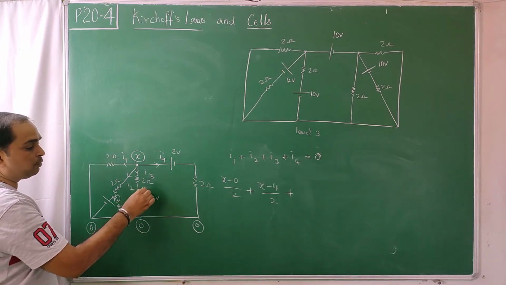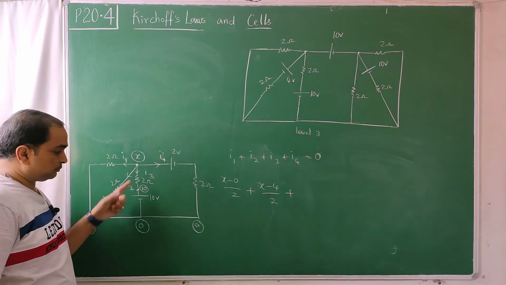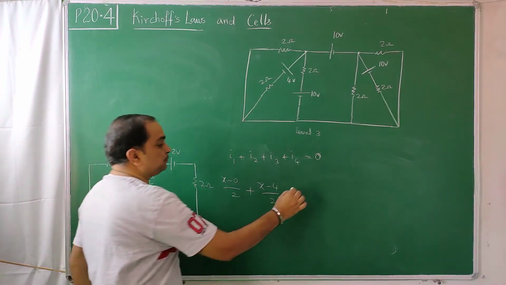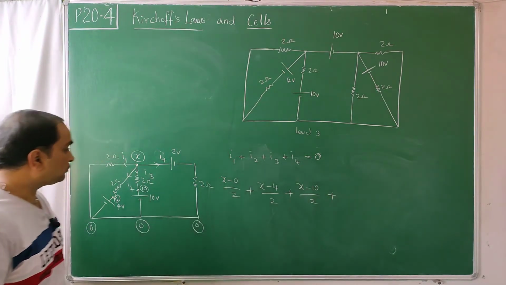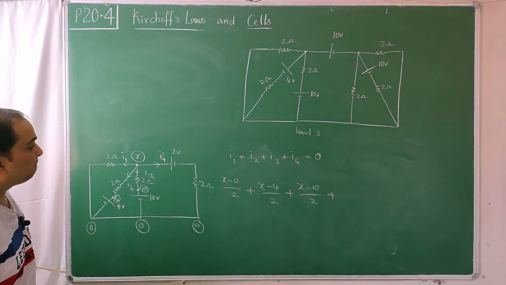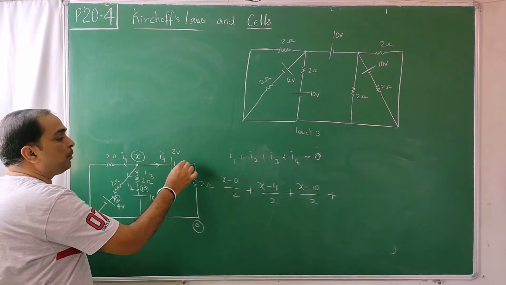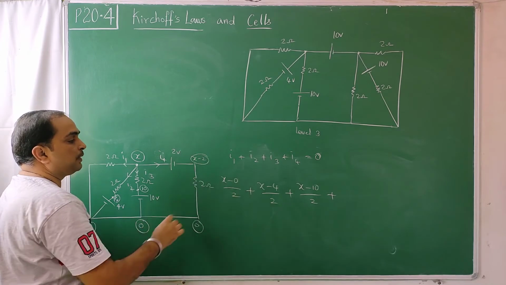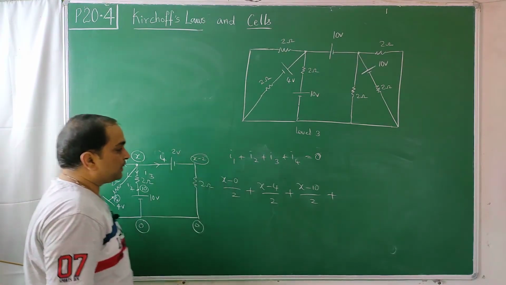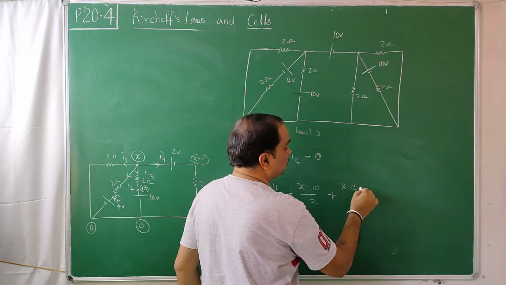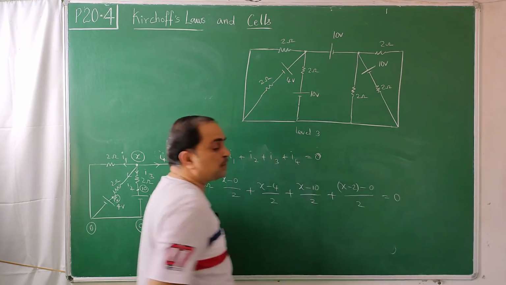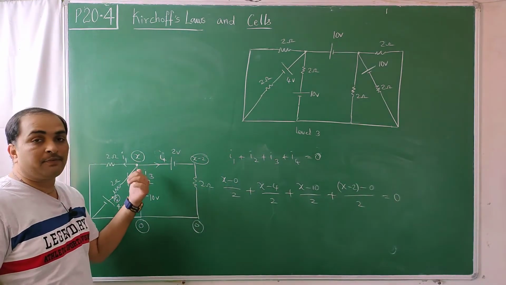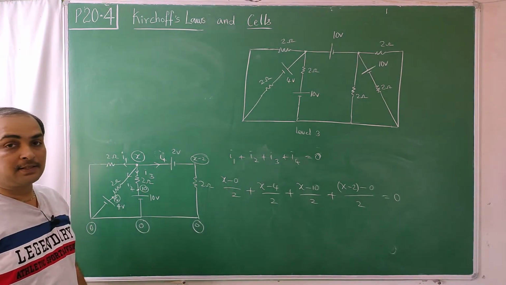So this should be at 10 volts. x minus 10 by 2 plus this side, this is x, drop of 2, this x minus 2. This side, x minus 2 minus 0 by 2. This sum should be 0. I get the proper potential of x which decides all these things.